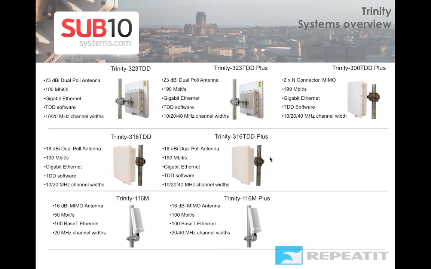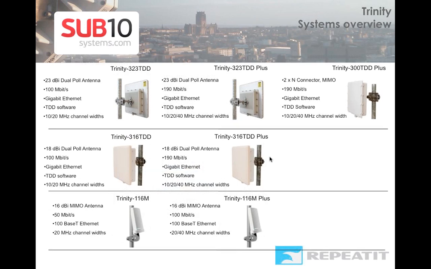The first number specifies what type of Ethernet is used. If the product has first number 3, like Trinity 323, 316, it means that the Ethernet connection going to this unit is up to gigabit Ethernet. It's auto sensing. It can be Ethernet, fast Ethernet, or gigabit Ethernet.